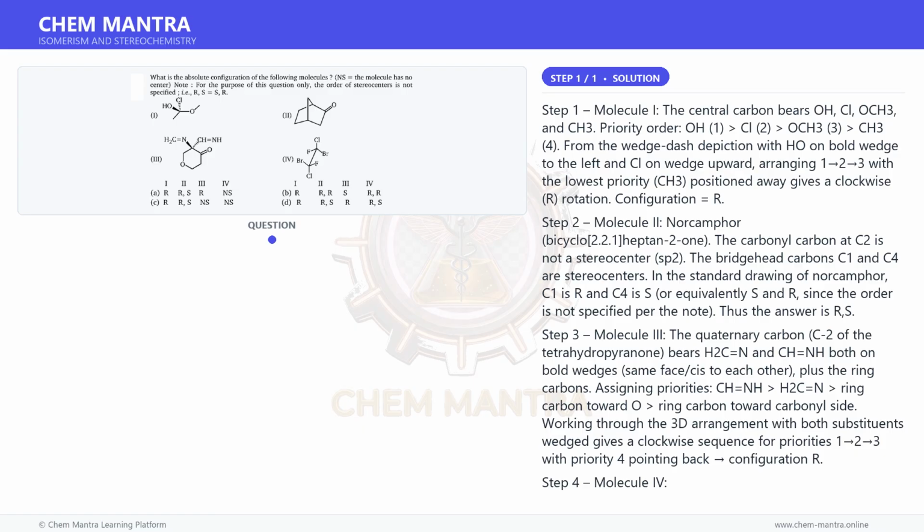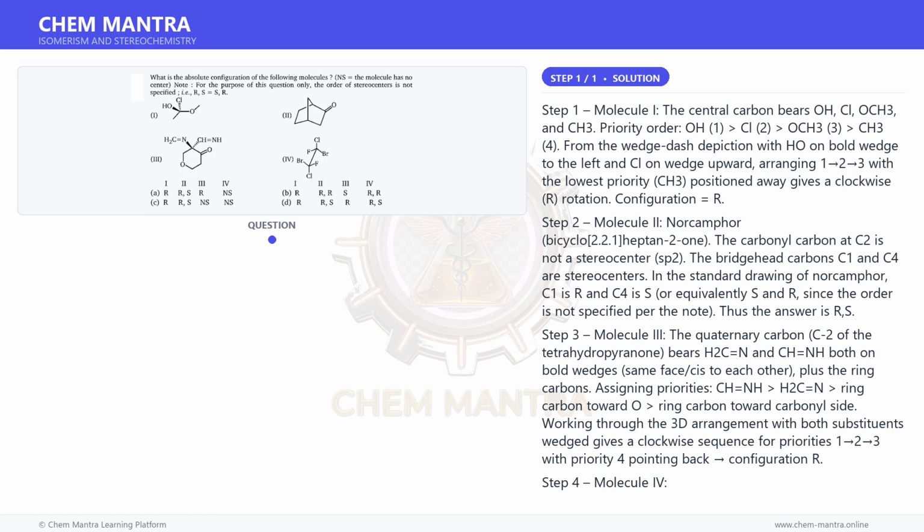Working through the 3D arrangement with both substituents wedged gives a clockwise sequence for priorities 1 to 3 with priority 4 pointing back. Configuration R.